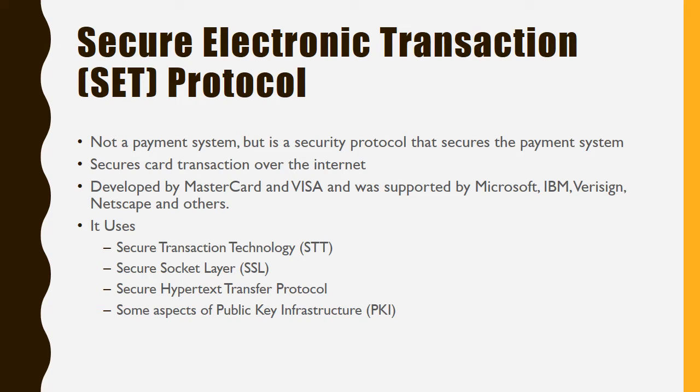Now let us look at how secure electronic transaction protocol actually secures your transaction online. We'll move on to a transaction that can take place online. So when a customer places an order online and makes a payment, the customer actually gives out two kinds of information.